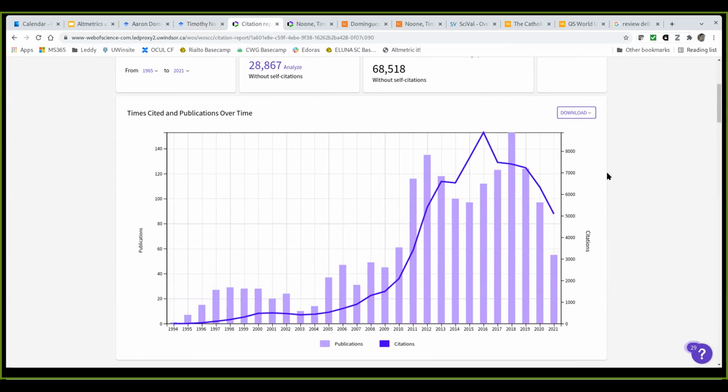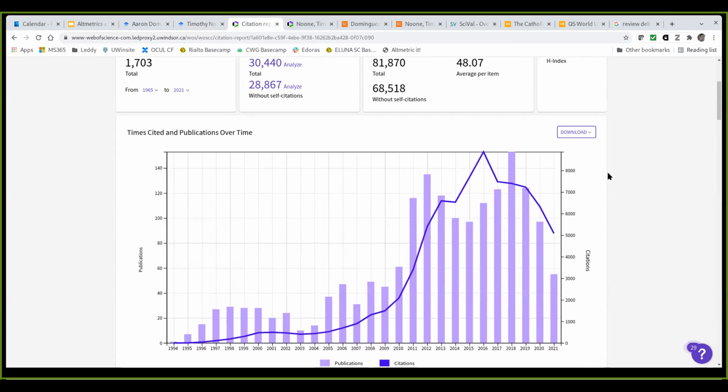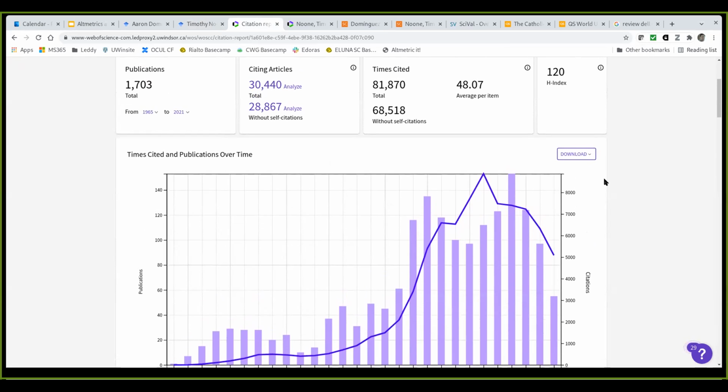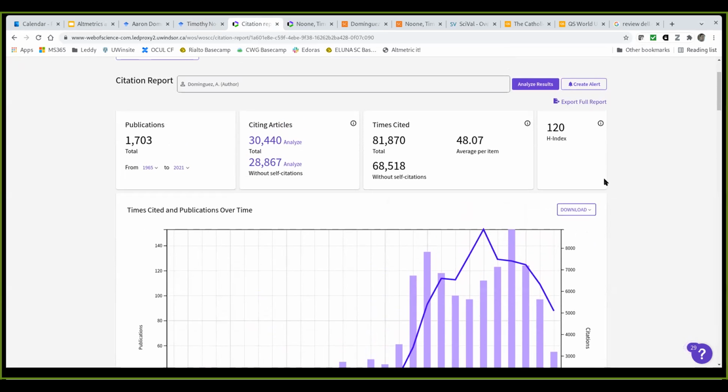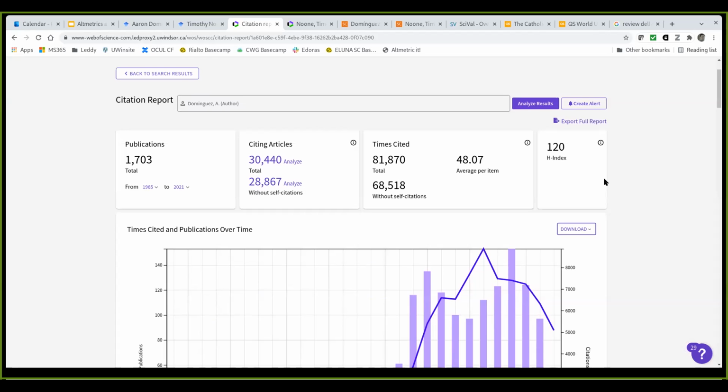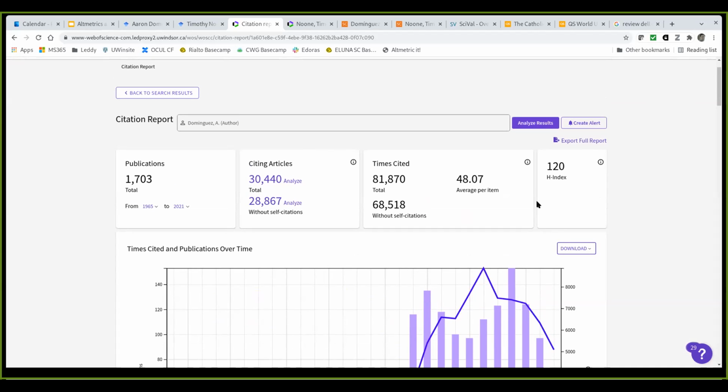Some of those basic numbers for anybody that are kind of foundational to looking at any kind of bibliometric analysis. Dr. Dominguez has an H index of 120. So that would be 120 publications with at least 120 citations, right? In Web of Science, he's been cited 81,000 times.